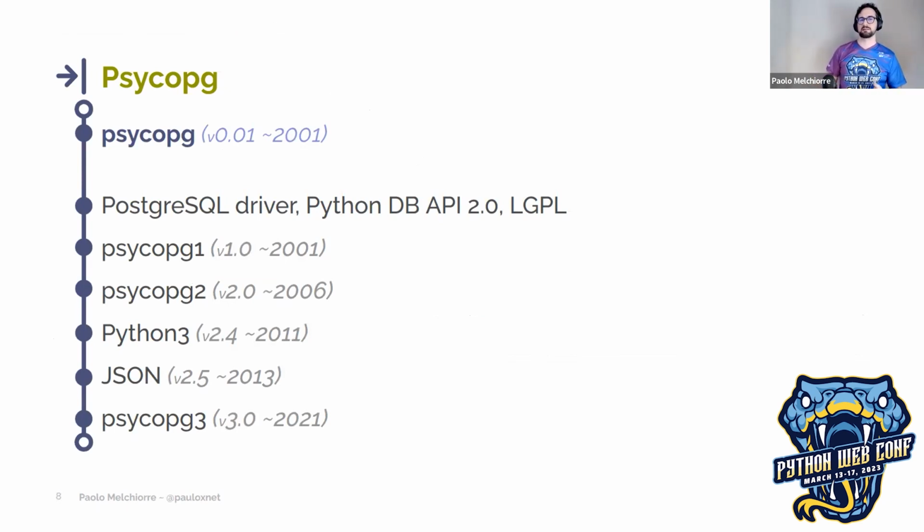It implements the Python DB API 2.0 specification, and it's distributed under the LGPL license. The library was released 20 years ago, and over time has been constantly improved and kept aligned with Postgres. Version 3 was released just over a year ago.